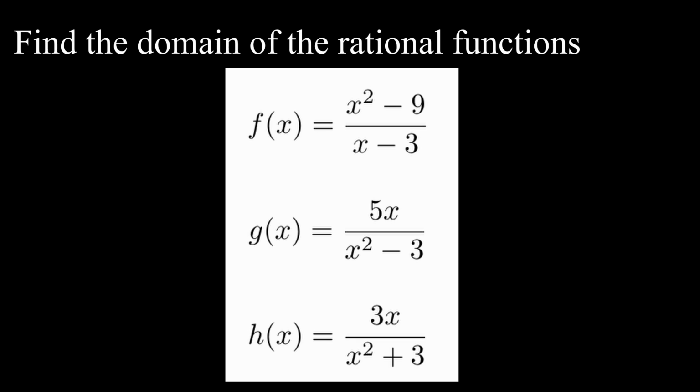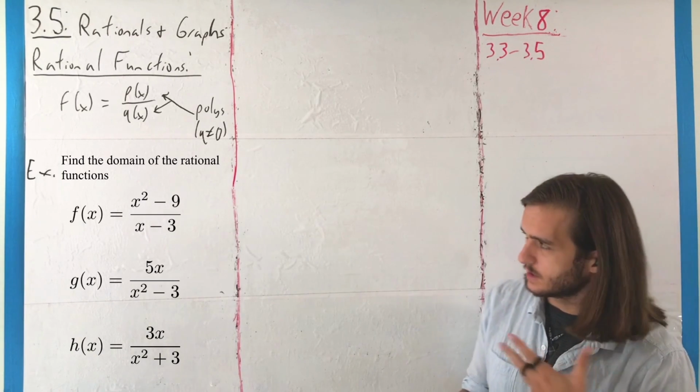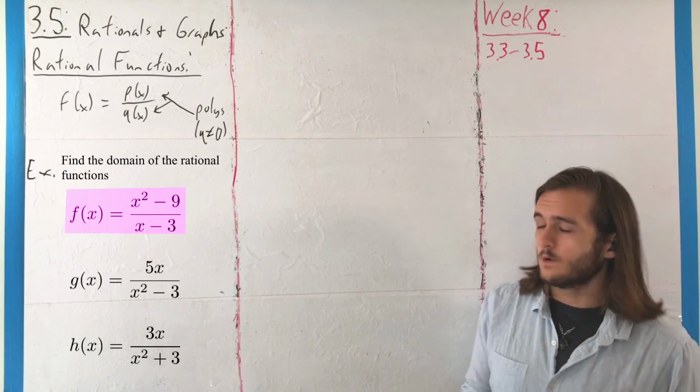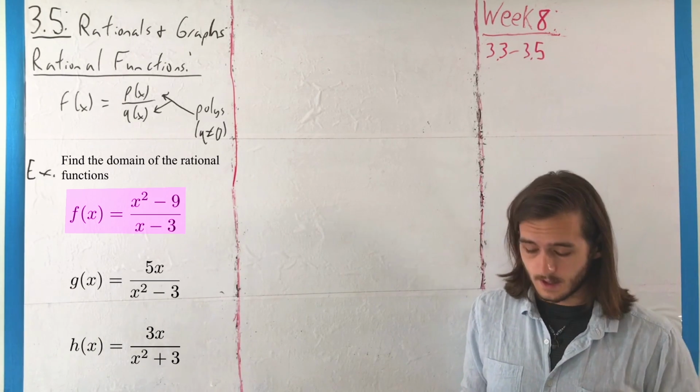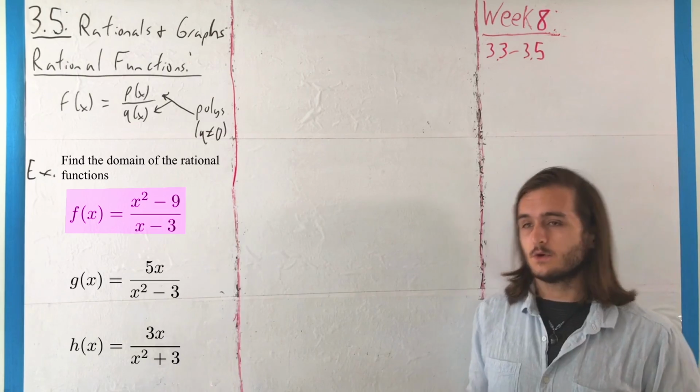So to start here, we want to find the domains of the rational functions (x squared minus 9) over (x minus 3), 5x over (x squared minus 3), and 3x over (x squared plus 3). And for each of these, starting with that first one, what we're going to want to do is just identify the potential locations where the denominator can be 0.